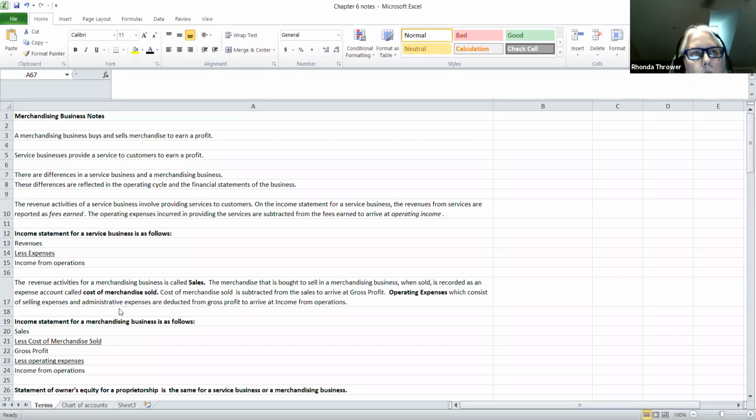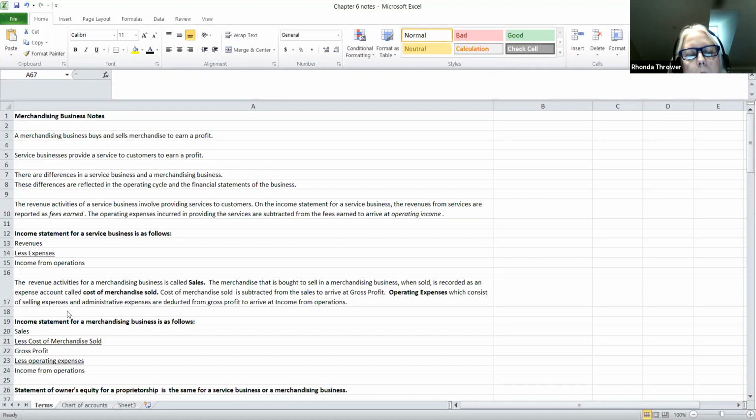And your administrative expenses are the general expenses that your company incurs. Like you could have insurance expense, or it could be expenses that relate to the office. So if you had some office salaries expense, that would be an administrative type of expense.